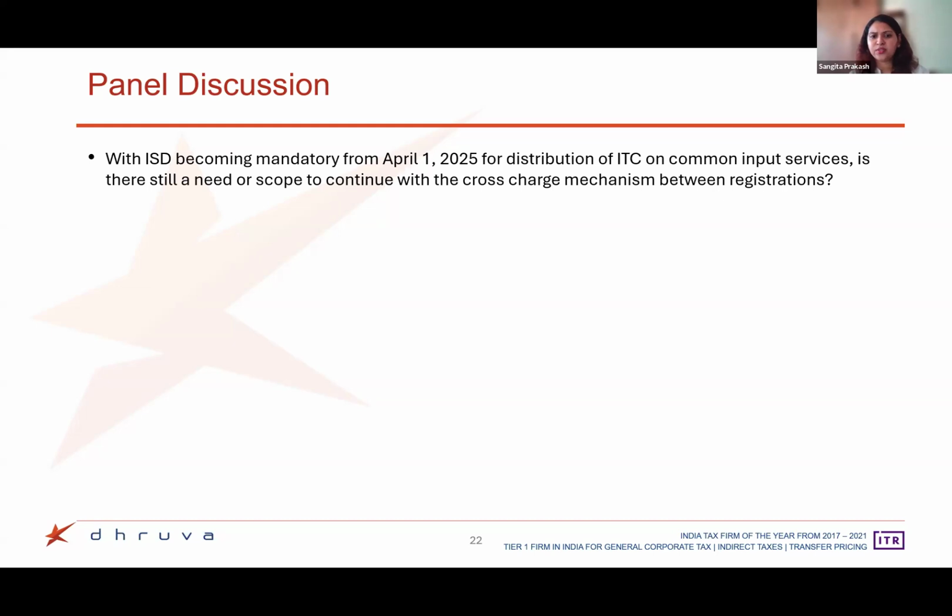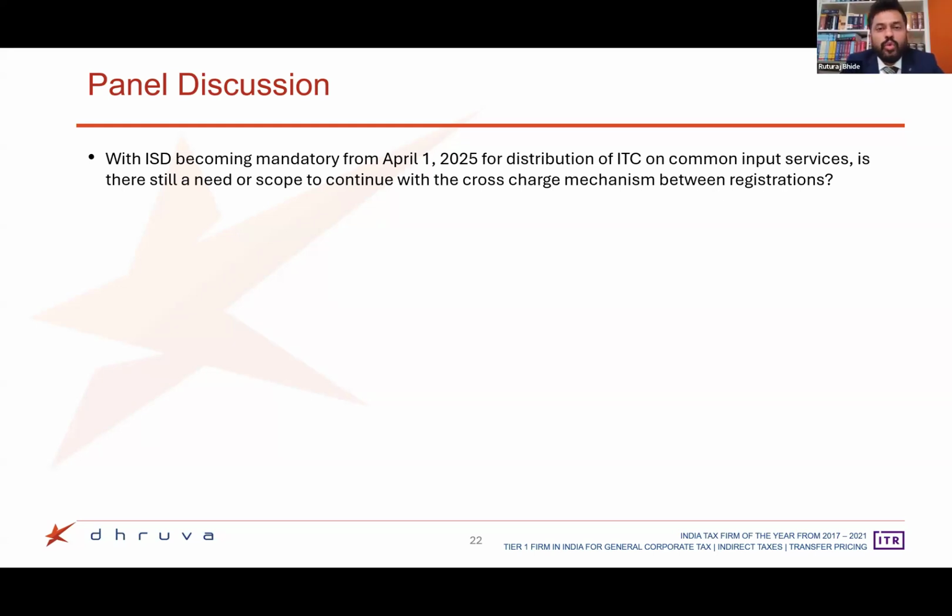For example, for situations where there are internally generated services, right? Again, very case specific and will depend on how entities are structured. However, the law continues to be the same, and it does recognize both cross-charge as well as ISD. And it's a very commonly asked question, but yes, the answer is that both concepts do exist and they will continue to coexist.